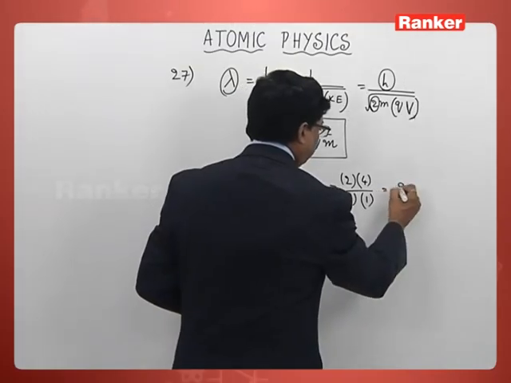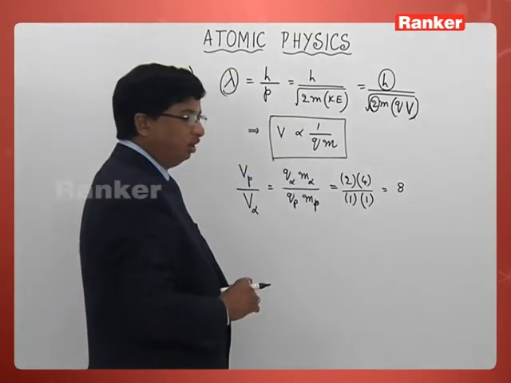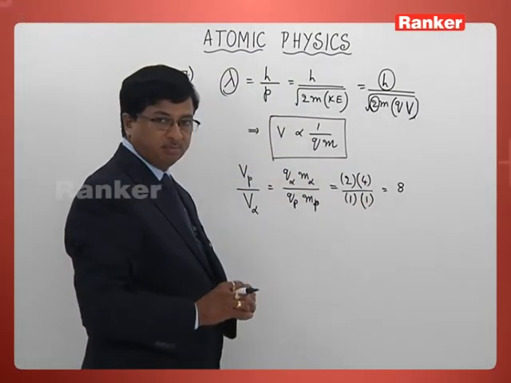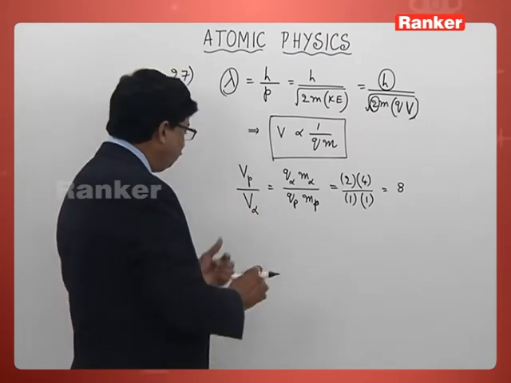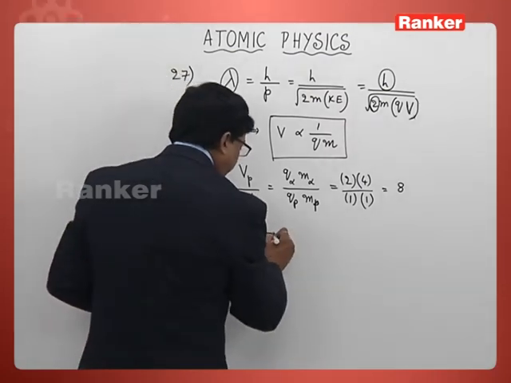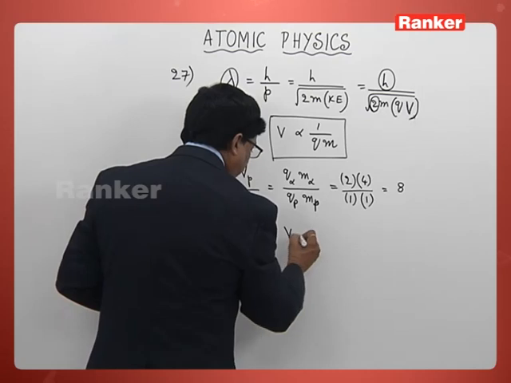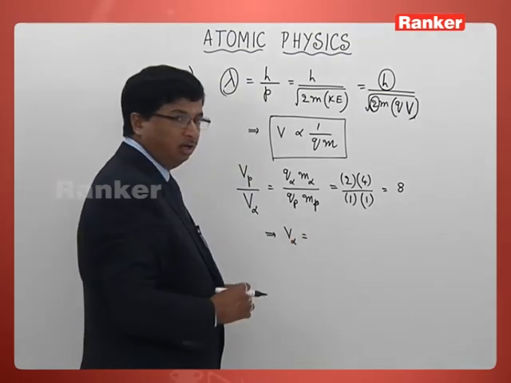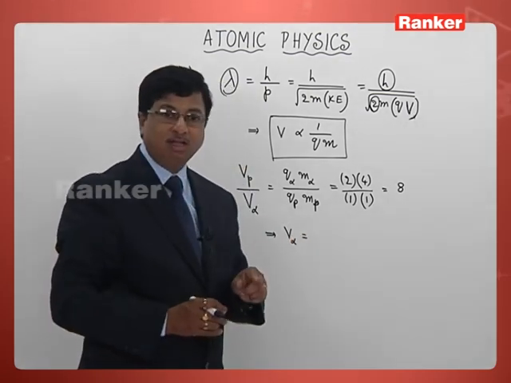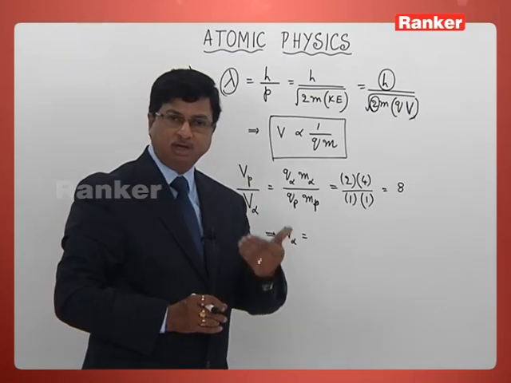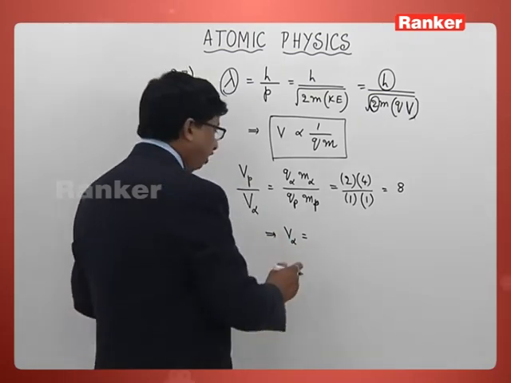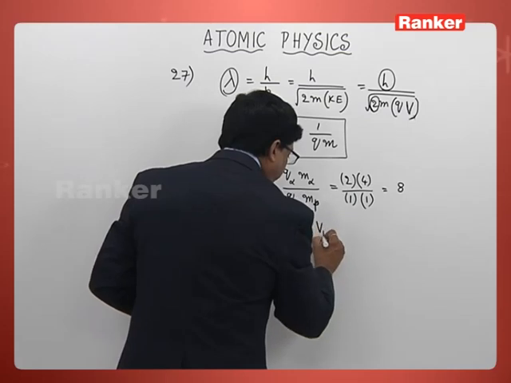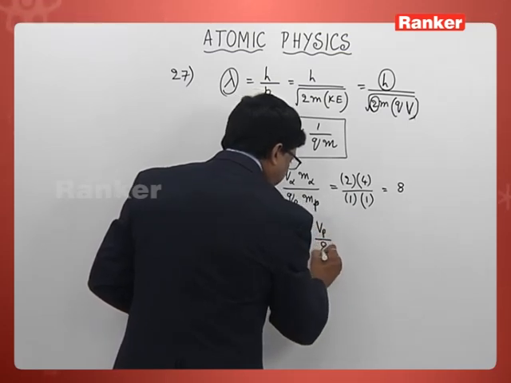This now becomes 8 as such. The outcome here is 8. Now can't you just guess what should be the potential difference that should be applied on alpha particle for it also to have the same wavelength? Can't you calculate that? V alpha now becomes V of proton by 8.